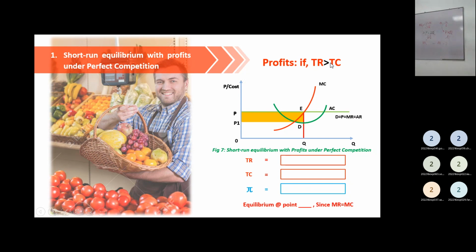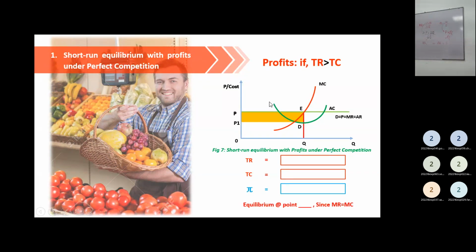In this graph, the vertical axis represents the price and cost of the product, and the horizontal axis represents the quantity of output you are going to produce. This is how you need to analyze a graph, and sometimes this may be available in your paper as well.